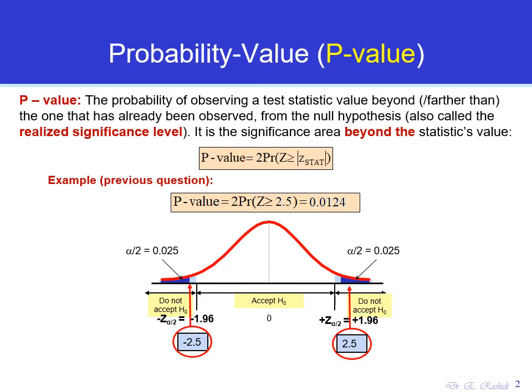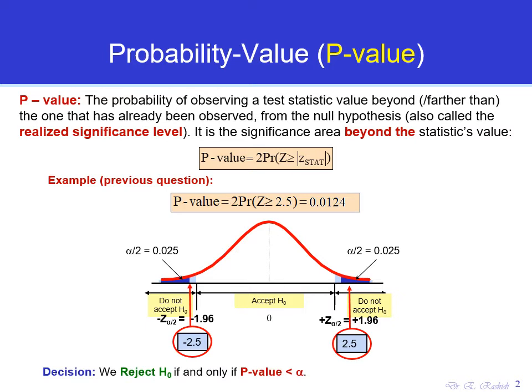An easy approach to apply the p-value after you have computed it is: if the p-value is a small value, then you're going to reject the null hypothesis. How small should it be? Well, it should be less than the significance level.